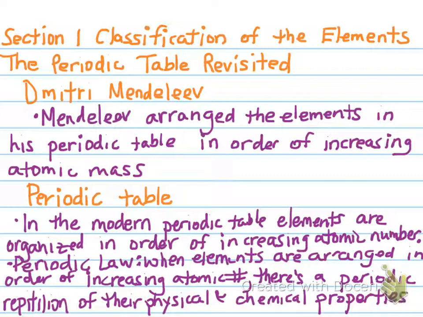When we originally talked about this, we said that elements that have the same properties as one another, so they look like each other and act like each other, tend to be in the same column or group or family on the periodic table.